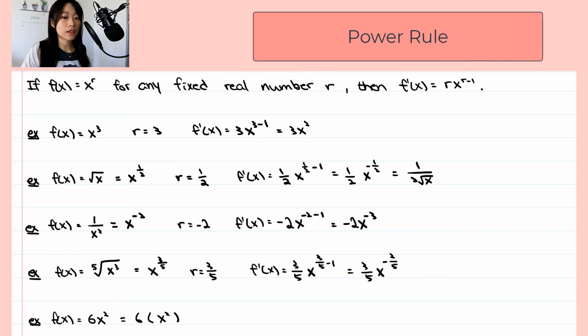And this rule is the constant multiple rule. So the derivative function for this f of x equals 6 times the derivative of x squared. Now we can use the power rule on the x squared. So this equals 6 times the derivative of x squared, which is 2 times x. So this equals 12x.